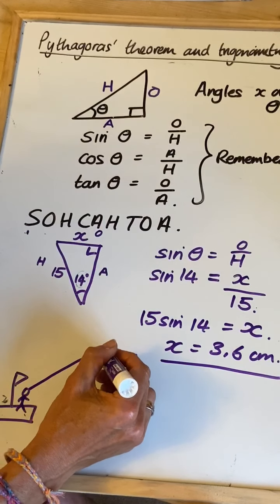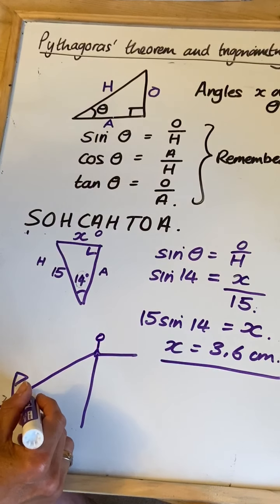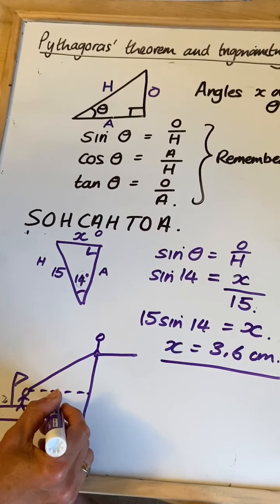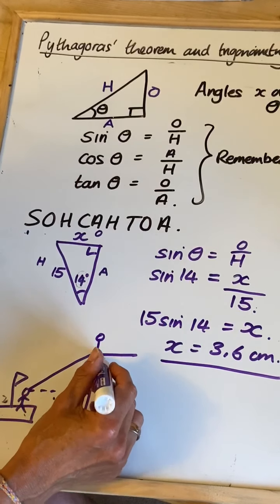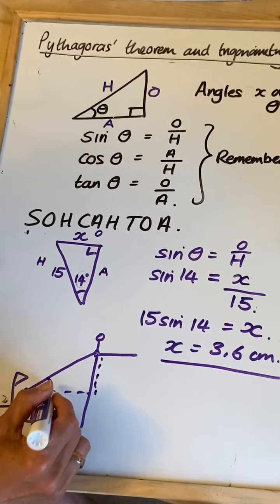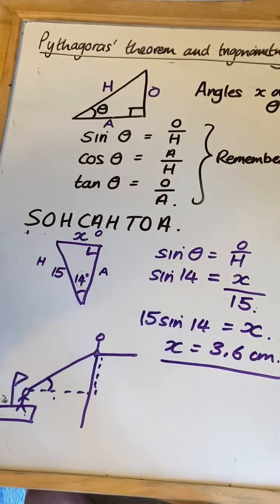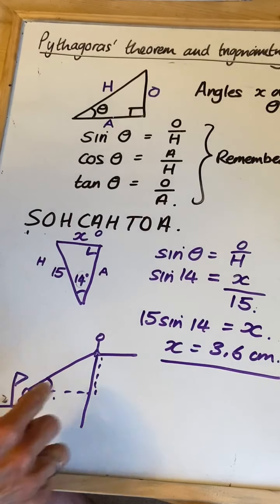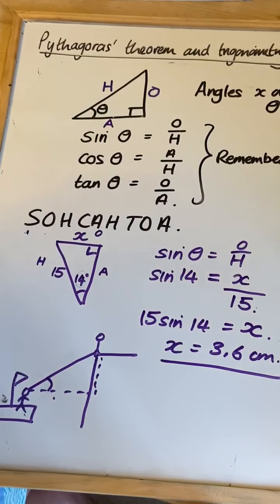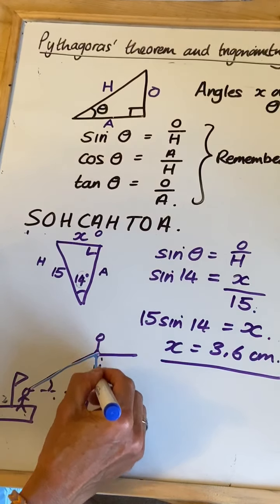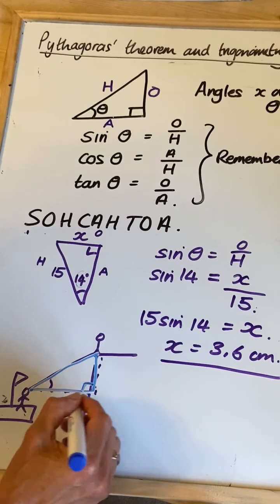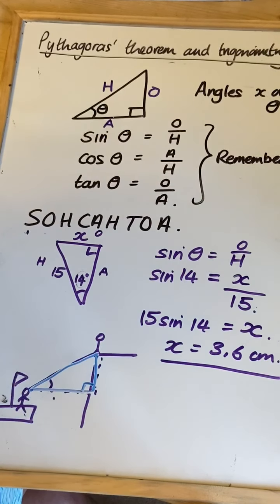And we know this distance here, perhaps. We know this distance here, perhaps, and they ask us what angle they are looking up at, their angle of elevation. So you can have these real life scenarios, but the main thing is to identify in your real life scenario what your right angled triangle is and what the side lengths are.